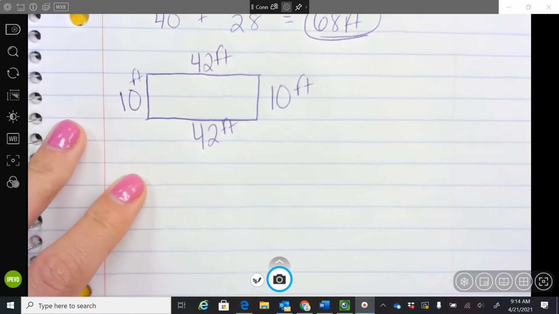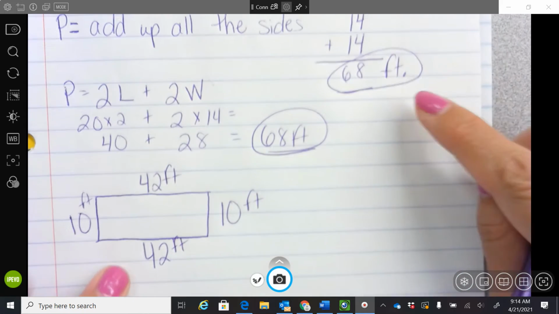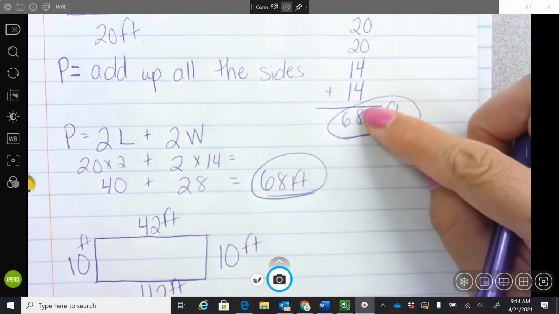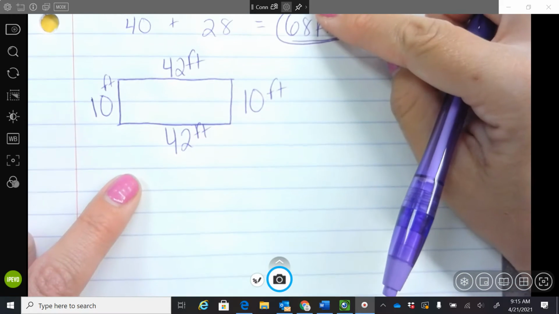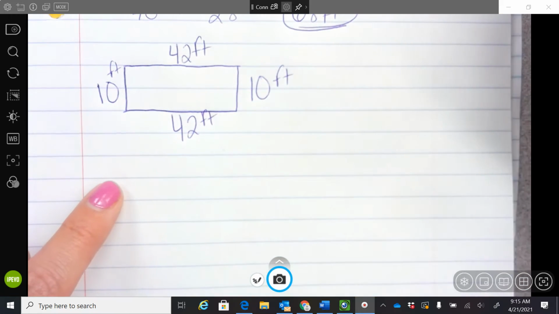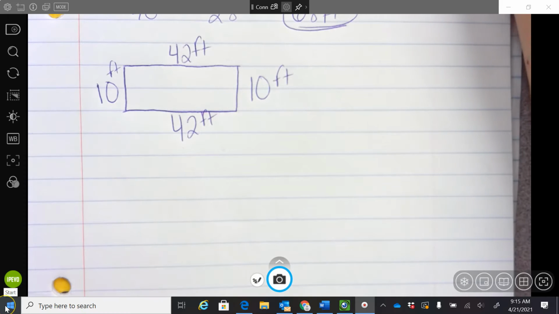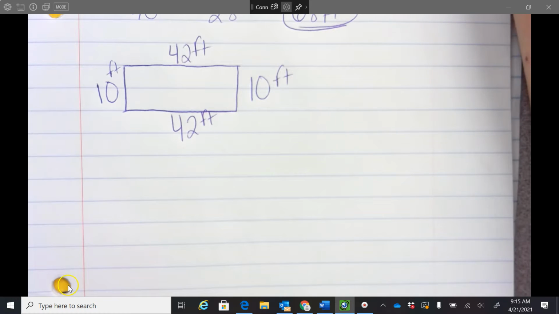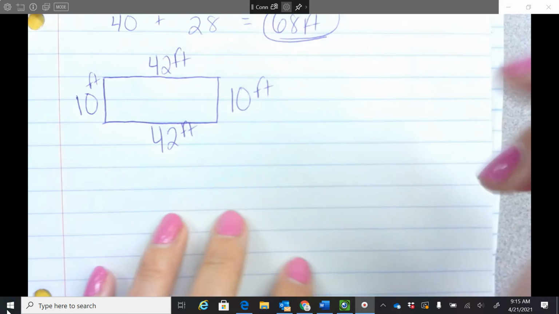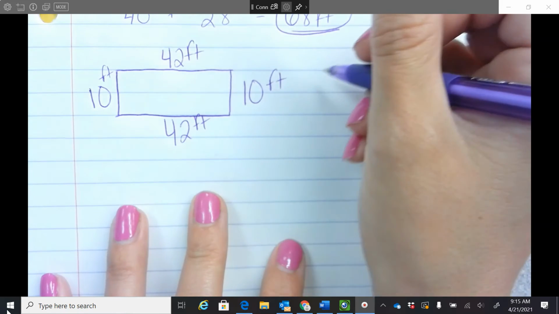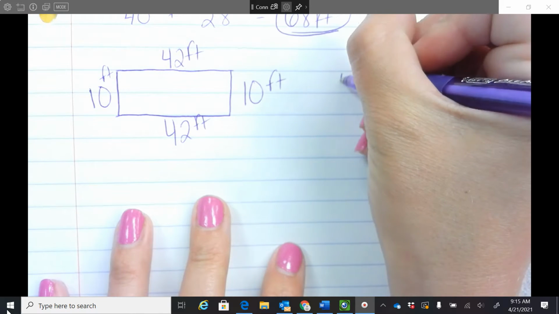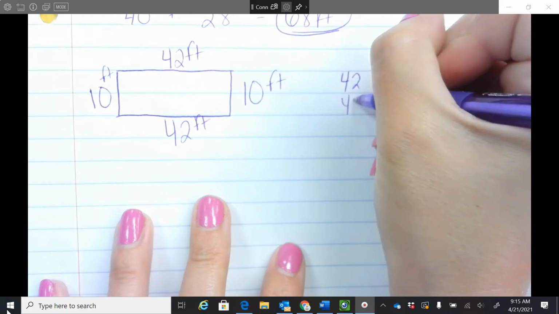Remember, you can use the strategy we did up here where we added up all of it, or you can use this strategy. Whichever one is easier for you. What was the strategy you used? Okay.